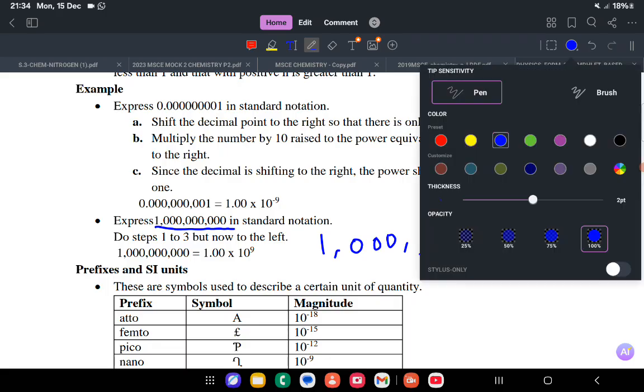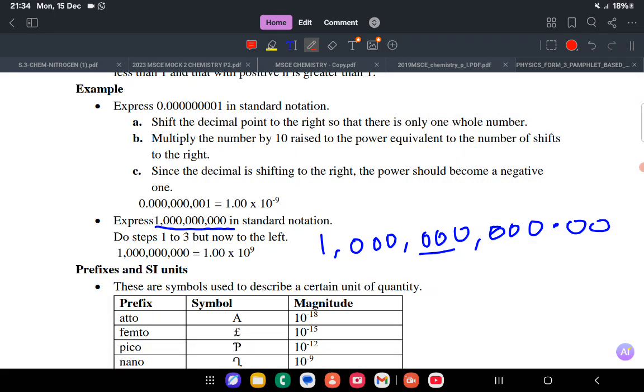Okay, so in this case, you also have to shift the decimal until your number lies between 1 and 9.999. So you shift 1, 2, 3, 4, 5, 6, 7, 8, 9. The point now is there. So the number now is going to be 1.00 times 10 to the power.